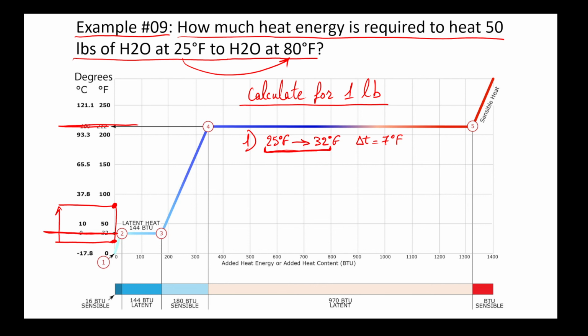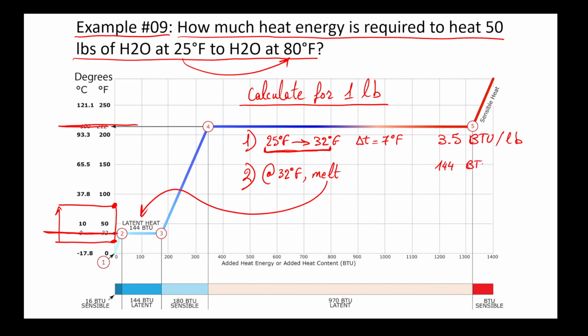So to change it by 7, it requires 3.5 BTUs. This is, don't forget, per pound. And then in the second part, we stay at 32 degrees Fahrenheit and we melt that ice. Melting the ice for 1 pound, we need 144 BTUs per pound.